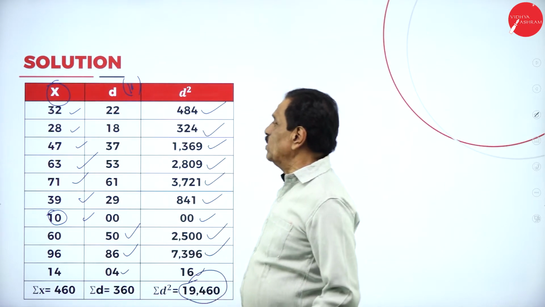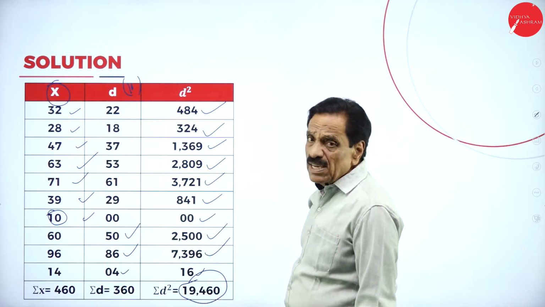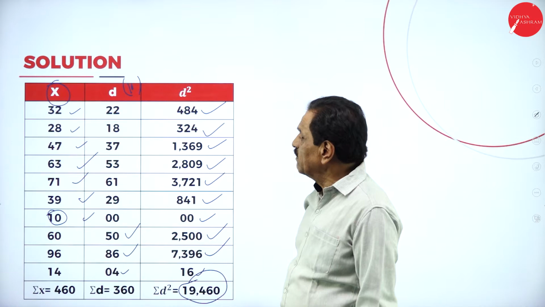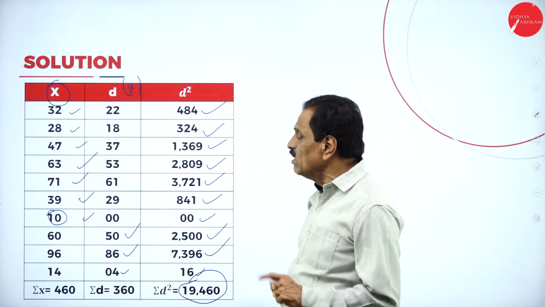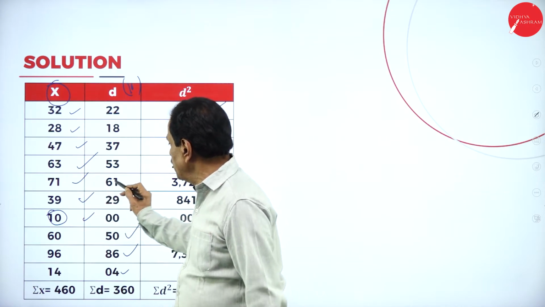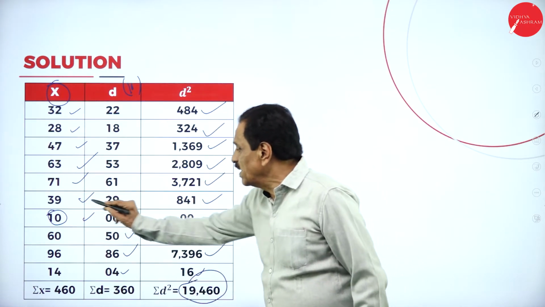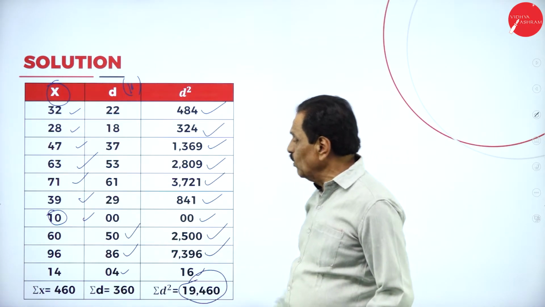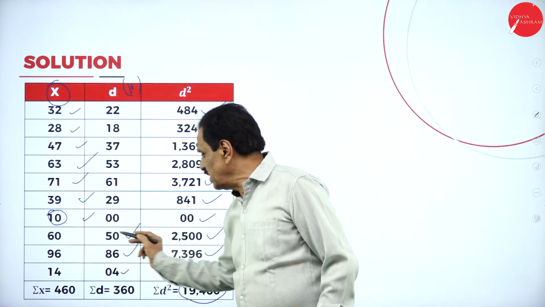32 means 22 more. 28 means 18 more. 47 means 37 more. 63 means 53 more. 71 means 61 more. Then 39, 29 more. 10 is 0, 60 is 50.